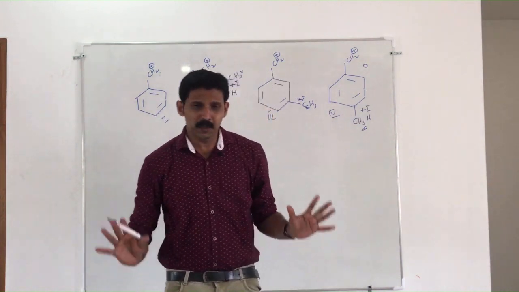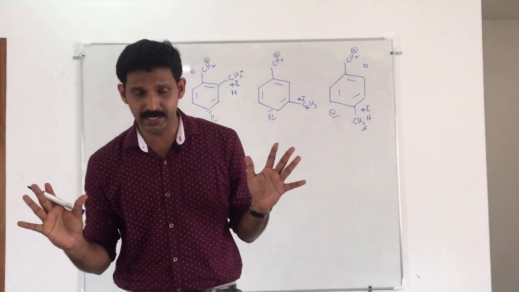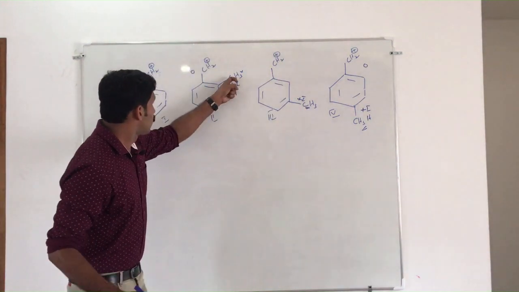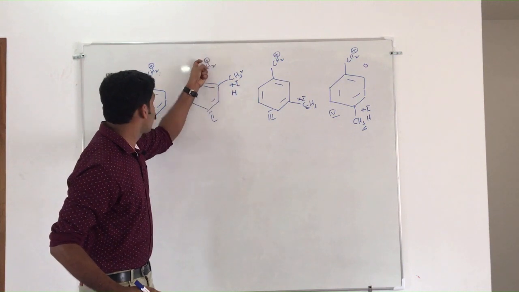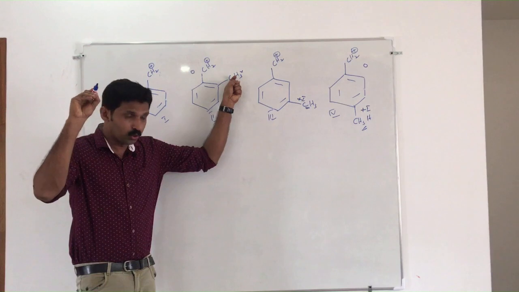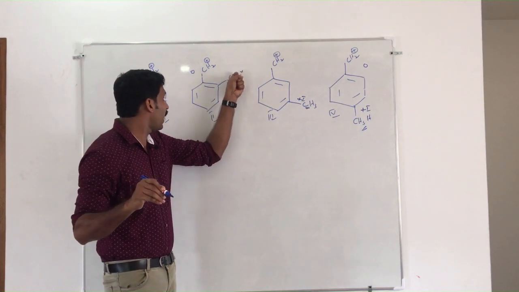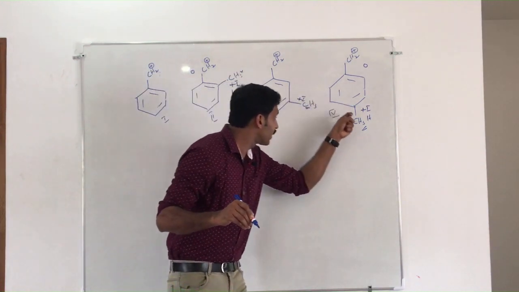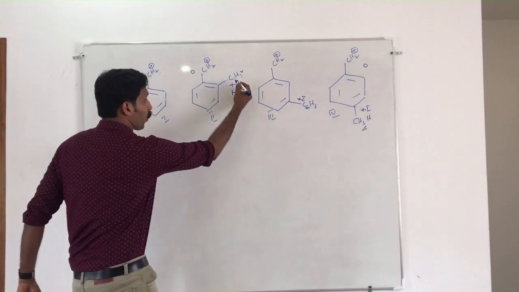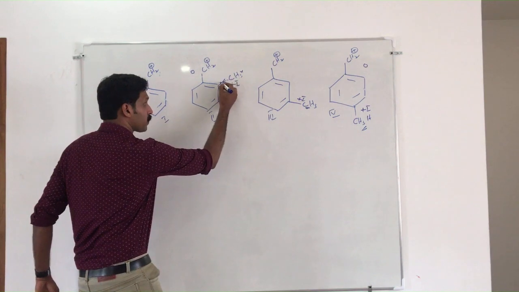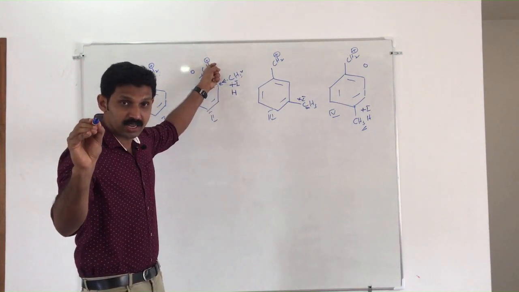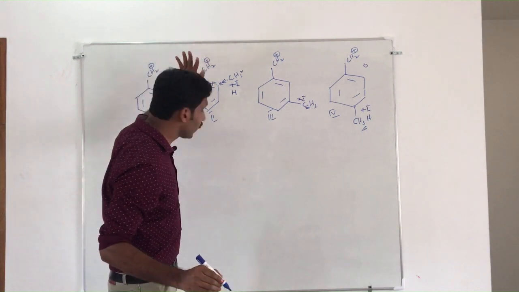You know, the intensity of the plus I effect decreases with distance. Therefore, the CH3 group is very near to CH2 plus, so the plus I effect due to this CH3 group is higher in this case than in this case. Definitely, we can say that this can produce a very high plus I effect, just like this. Definitely, the positive charge decreases much more here.